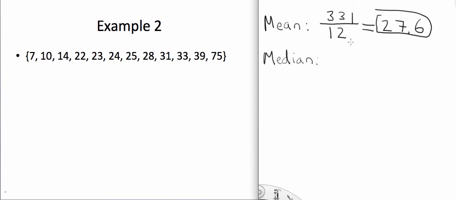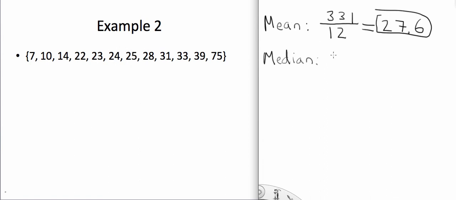Anytime we have a number here that's even, we're going to have to find the average of those two numbers to find the median. So if I look over here and I count, if I would X off this, and then here, and there, and there, and there, and there, I end up with two numbers here, 24 and 25.